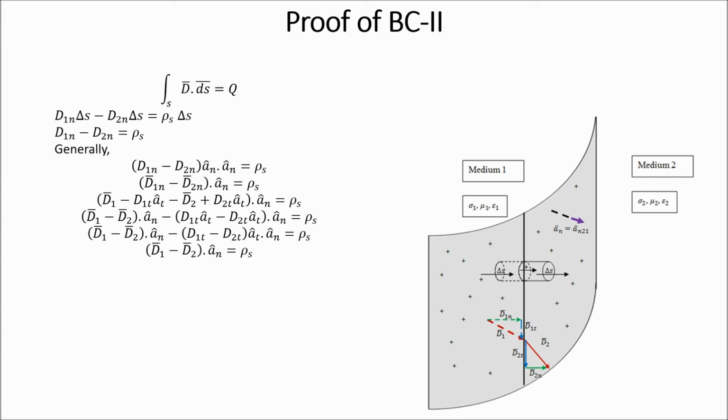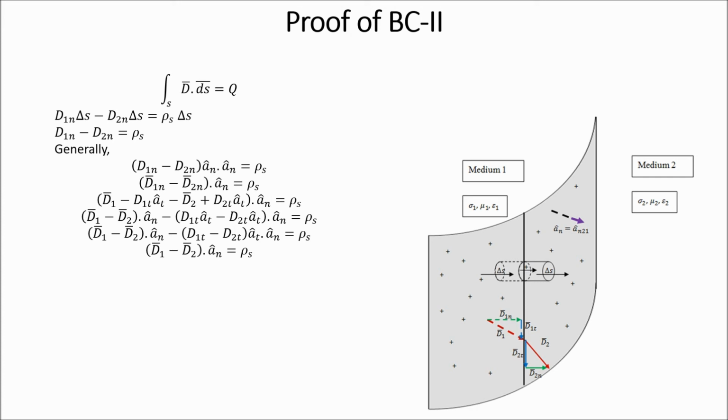Now I expand this Gauss's law for this cylindrical surface. As you know, Gauss's law says the electric flux coming out of a surface is equal to the charge enclosed by it.